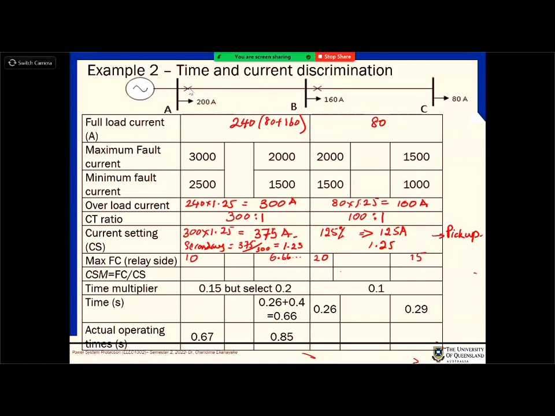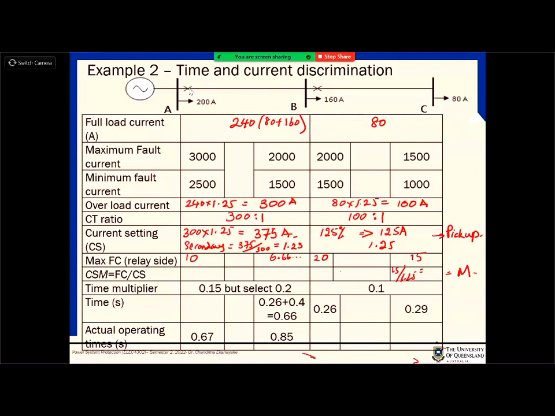Now we need to find the multiplier, M. You found it for numerical relays: the current setting multiplier, which is basically the fault current divided by the pickup current, or plug setting, right? In this case, the current setting is 1.25. So that is 15 divided by 1.25, which is, how much is it?